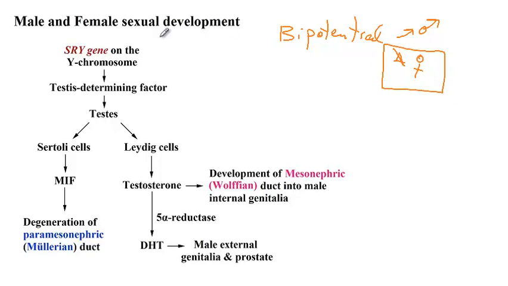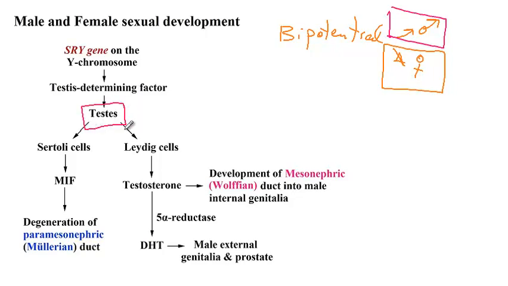However, if there is an SRY gene present, which is found in the Y chromosome of males, that's the time that the path of the organ development switches from becoming female into becoming a male. And so what happens? The SRY gene contains a testes-determining factor, which induces differentiation of primitive gonads into testes.